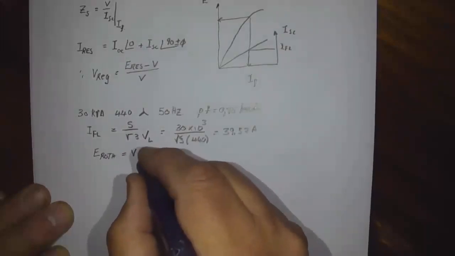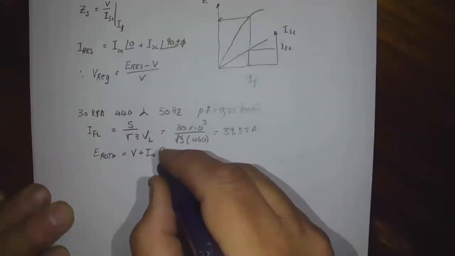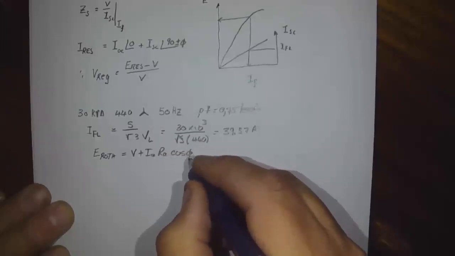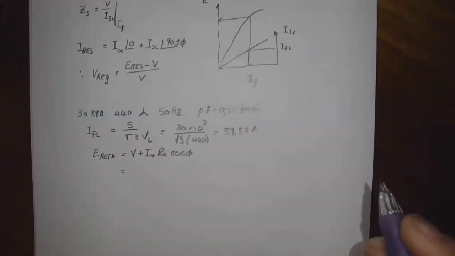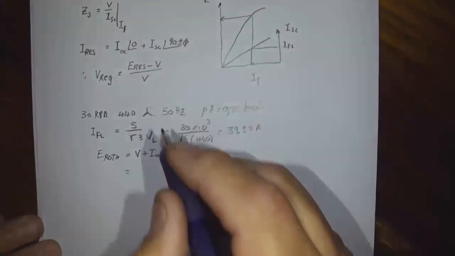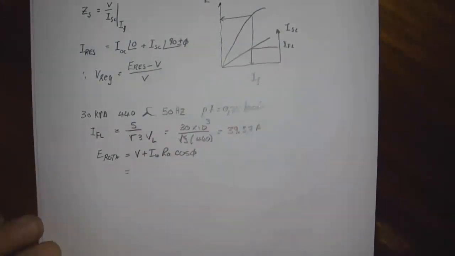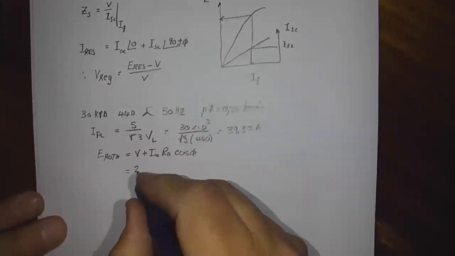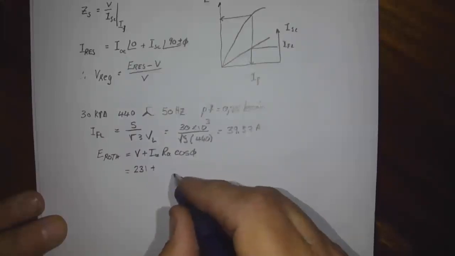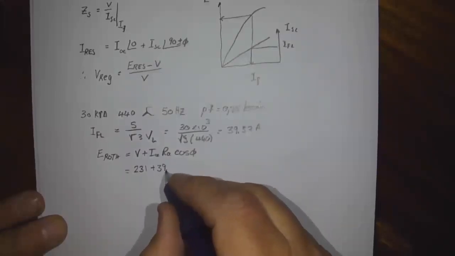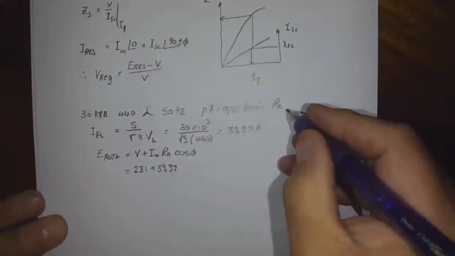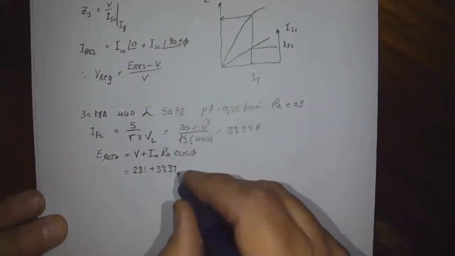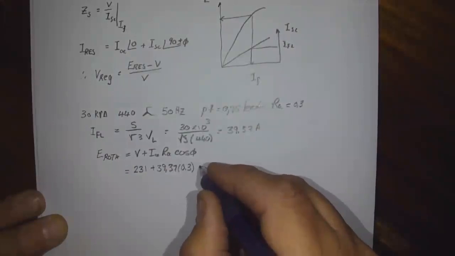That is V plus IA RA cos phi. So, 440 on a line voltage, what's the phase voltage going to be? Plus 39.37, and the armature resistance is given as 0.3 ohm, so times 0.3 times 0.75.